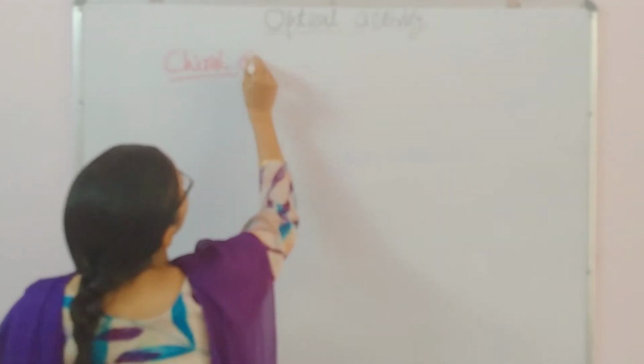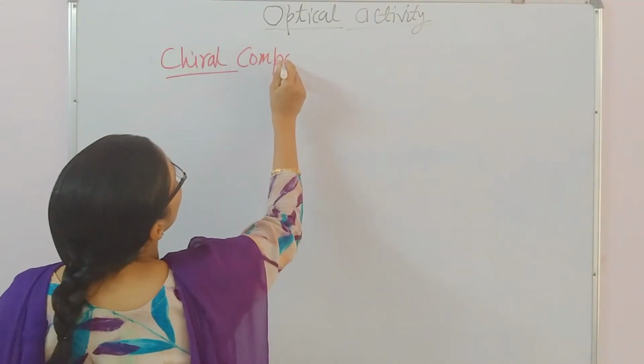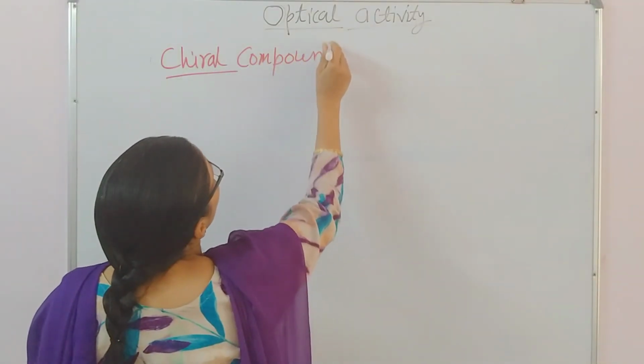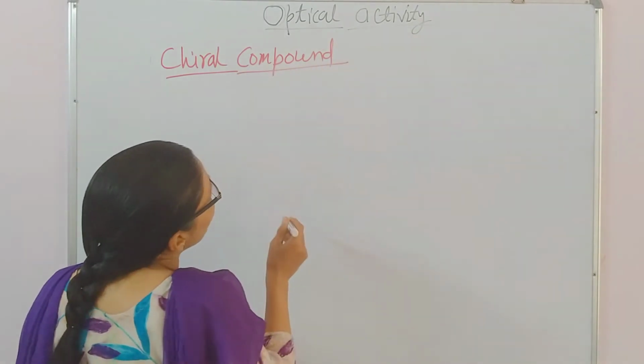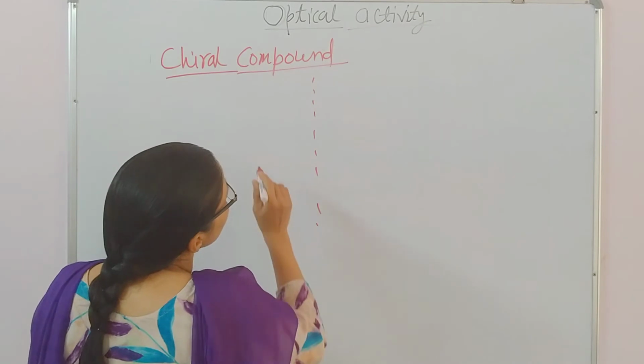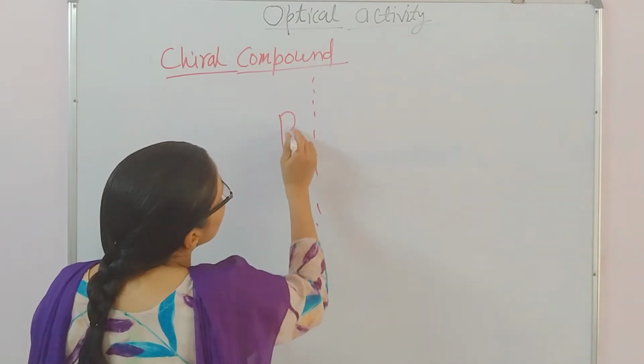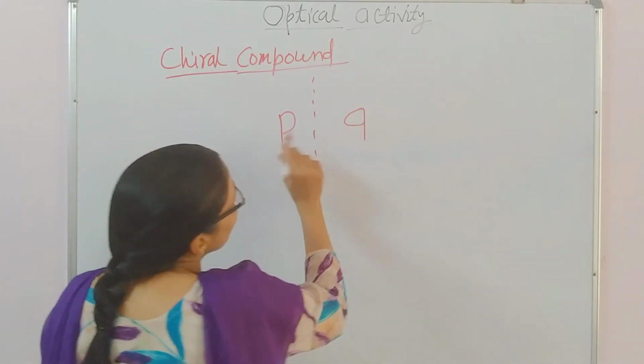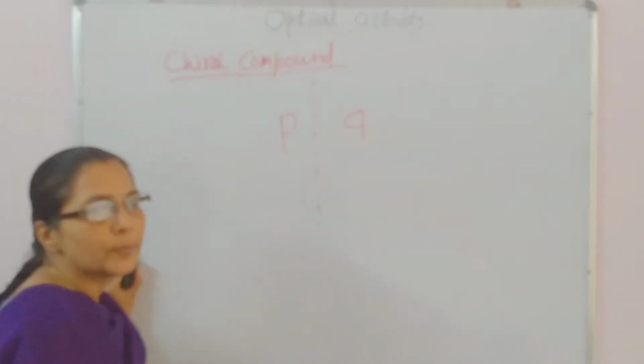Chiral compound. Chiral compounds are compounds whose mirror image is non-superimposable.